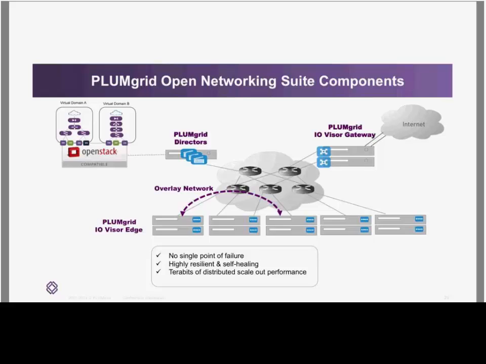The PLUMgrid Director implements all the control plane and management functions of the system. So it's the one piece that talks to OpenStack. It's the one piece that has a definition of all your tenant networks. And it's the one that is responsible for talking to the distributed system, all the data planes, all the compute nodes that are out there.